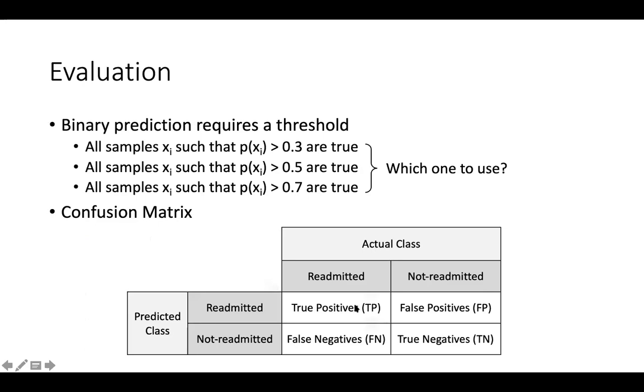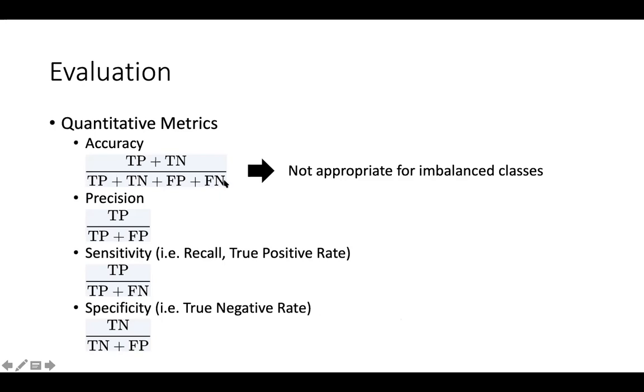So this is simply a count. If you add all the values in all four cells, that becomes your entire number of samples. So out of the entire number of samples, how many true positives and true negatives did you get? That's the accuracy. But accuracy is obviously not appropriate for imbalanced classes. For example, let's go to readmission prediction.